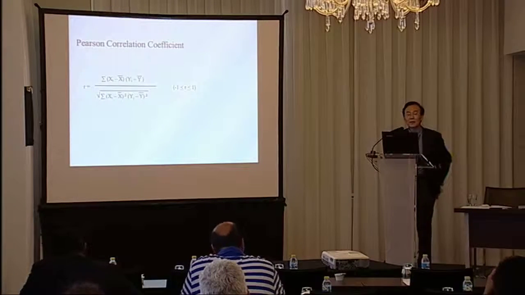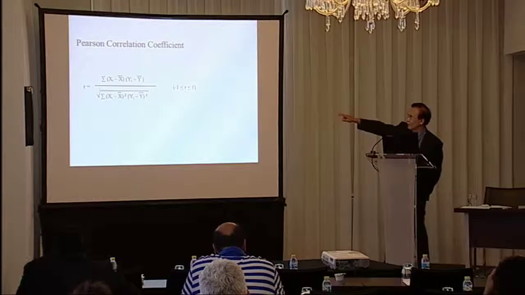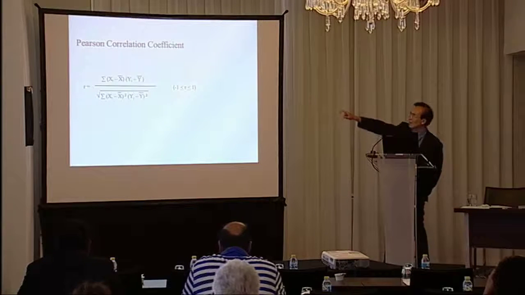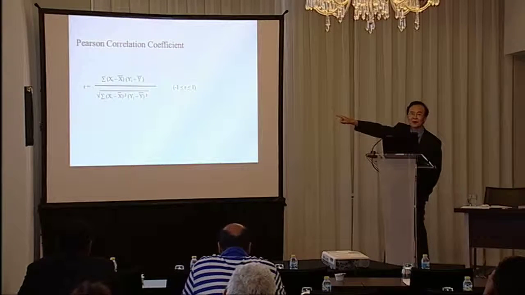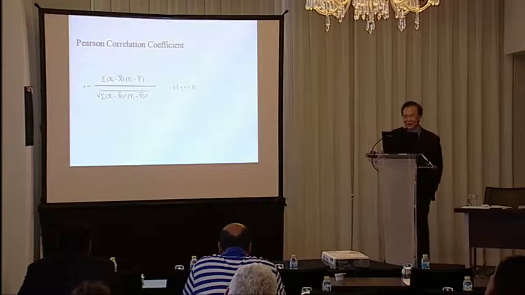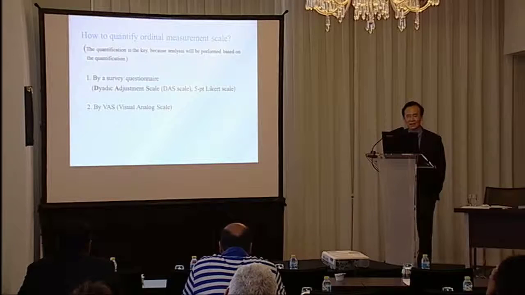If you look at the formulation of the Pearson correlation coefficient, it is very obvious, because you need a sample mean for the first variable and an average for the second variable. You don't have those averages existing. So how could you possibly come up with a Pearson correlation? That's how nonsense things can become.